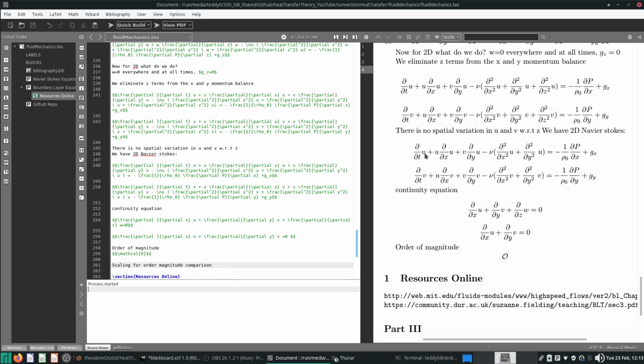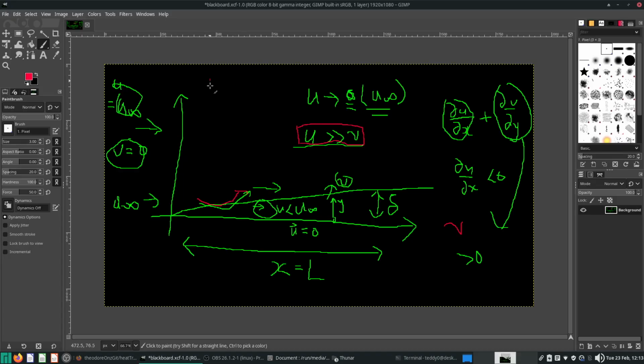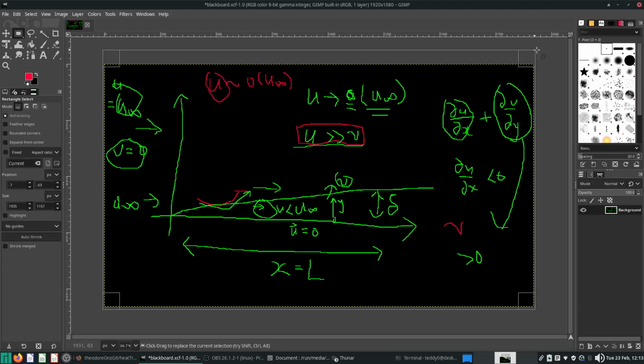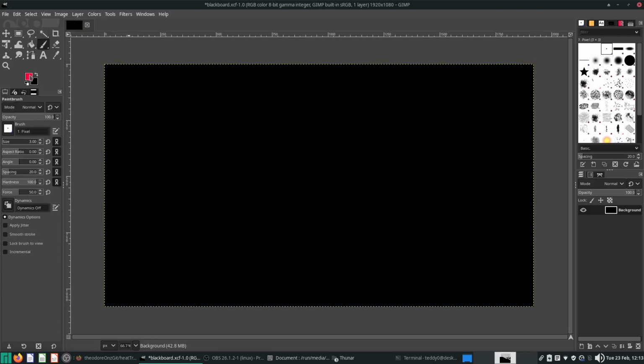So what is scaling? Let's say we have u. We're saying u is on the order of magnitude of the free stream velocity. When we want to do scaling, we want to replace everything by dimensionless variables. That's a very big thing we like to say in fluid mechanics.